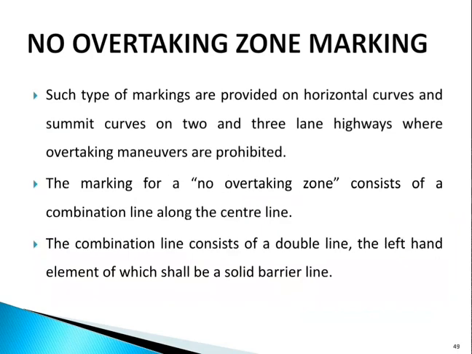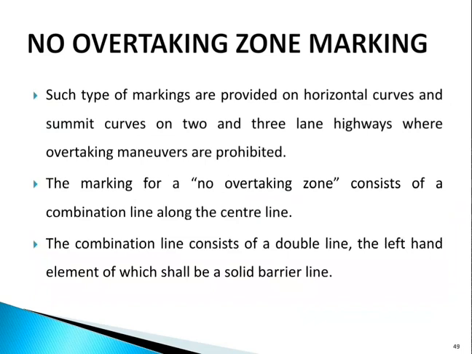Now let us understand no overtaking zone marking. Such type of markings are provided on horizontal curves and summit curves on 2 and 3 lane highways where overtaking maneuvers are prohibited. The marking for a no overtaking zone consists of a combination line along the center line.